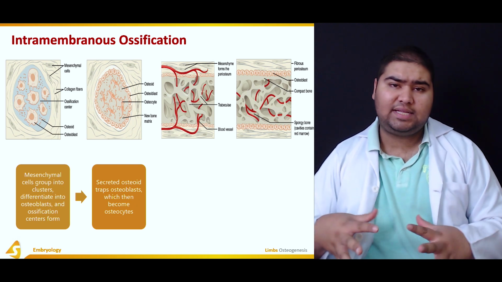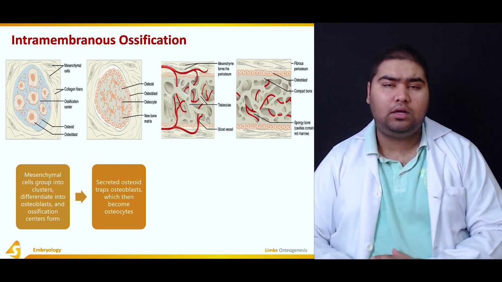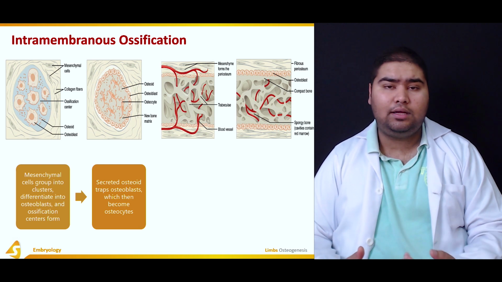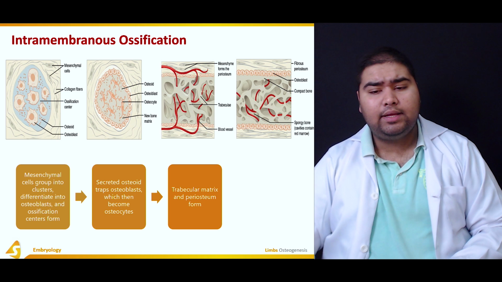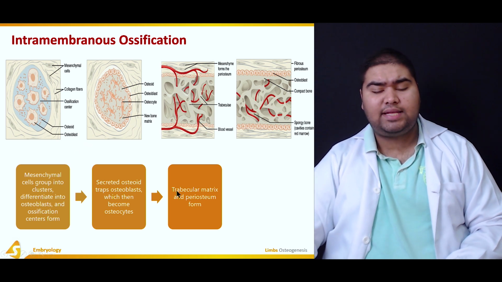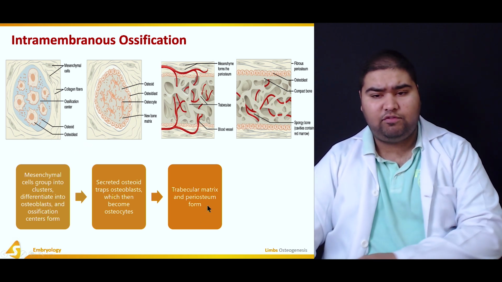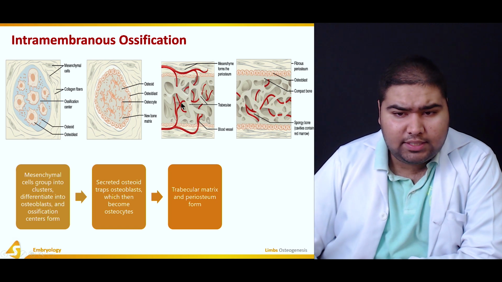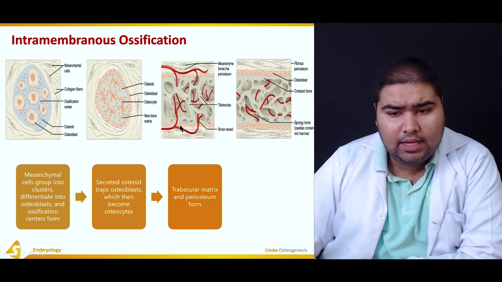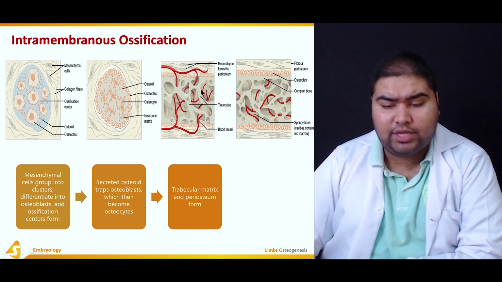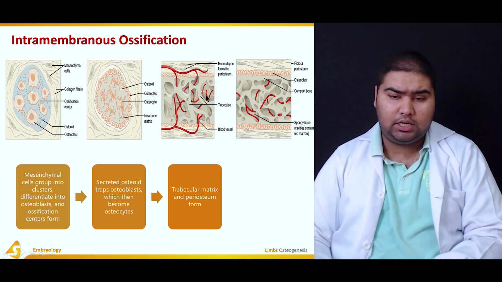Now these osteocytes are embedded within the osteoid. In the third step, the trabecular matrix and the periosteum have been formed. This is the periosteum and this is the trabecular matrix. These are laid down in the third process.